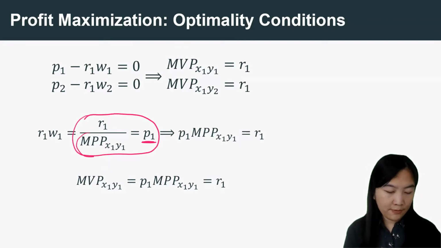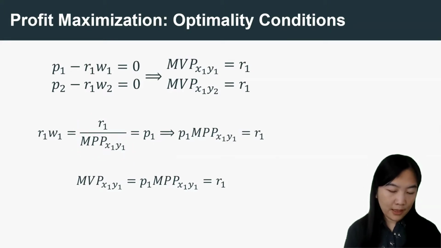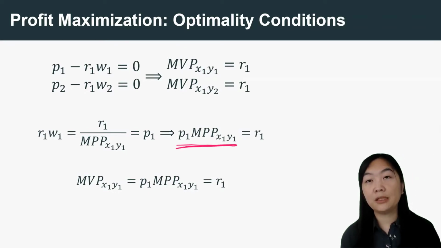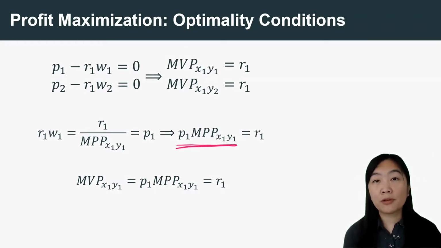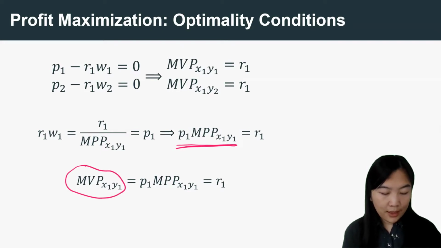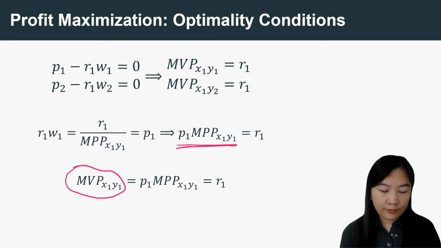And we can move this MPP to the right-hand side after P1. And we ended up with something that we're very familiar with, which is P times MPP. So the output price times the marginal physical product. And that is your MVP, the marginal value of product.